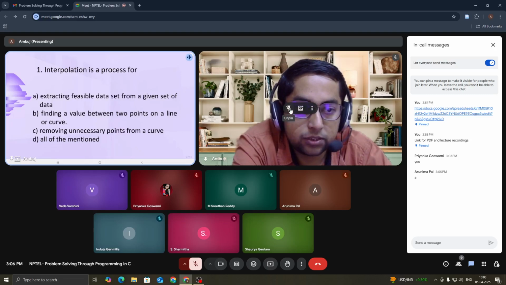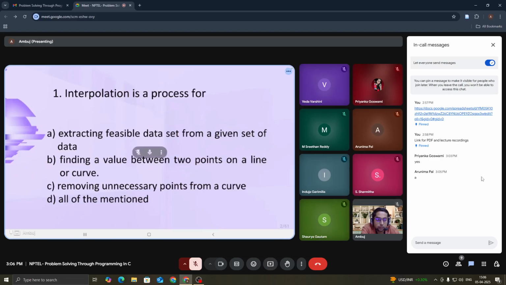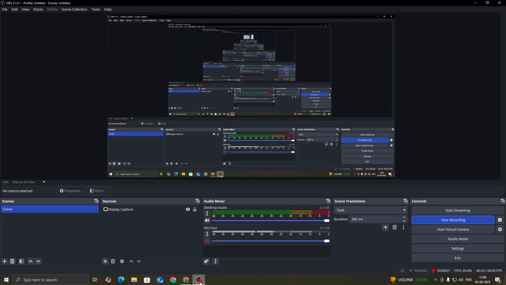What do you mean by interpolation? Please do answer. Check out the options.